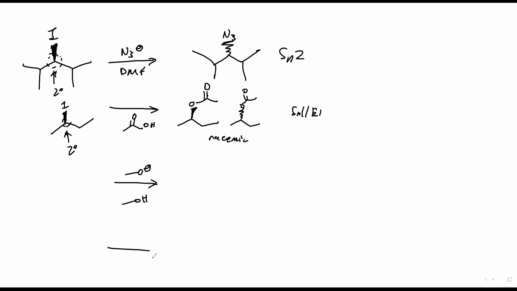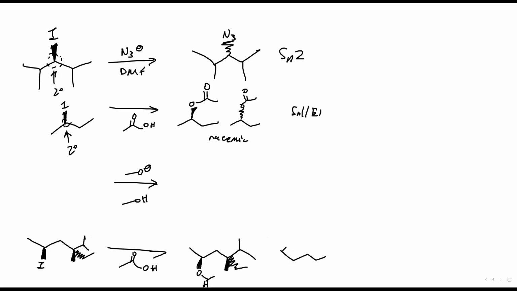Okay. But let's say I ask the same question, but with this substrate. Again, we already know what this reaction is. We just did it. But when I draw the two answers here, would you guys call this racemic?